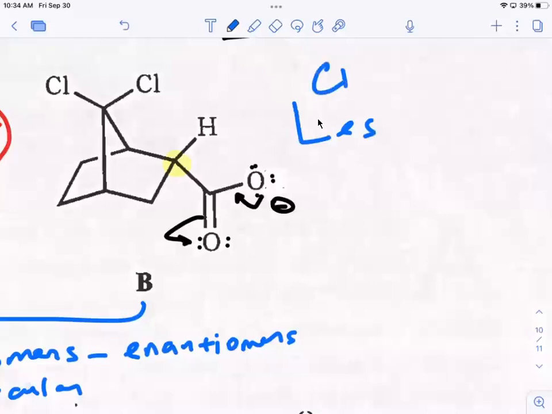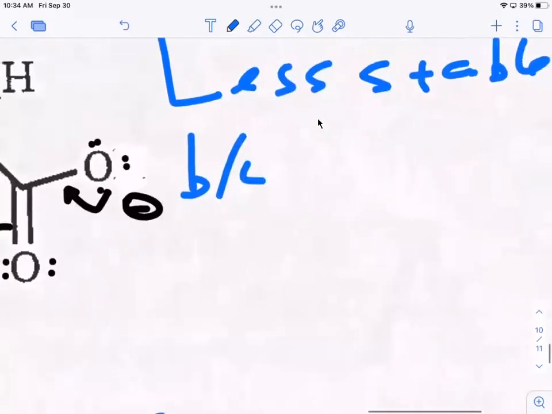So here, the conjugate base is less stable because the inductive effect is lessened by the orientation of that oxygen.